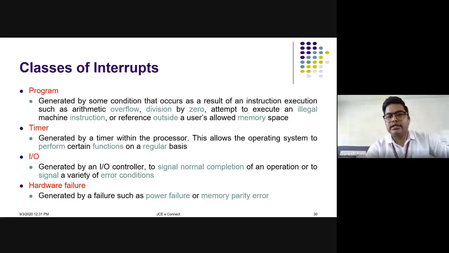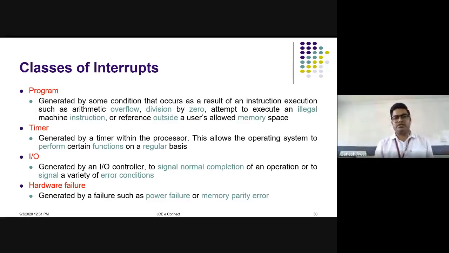Then there is an attempt to execute an illegal machine instruction, which is not defined. If you write that, it is an interrupt, and it will display that this is not a right instruction. Or a reference outside a user's allowed memory space. In your computer's memory, your operating system is already stored.